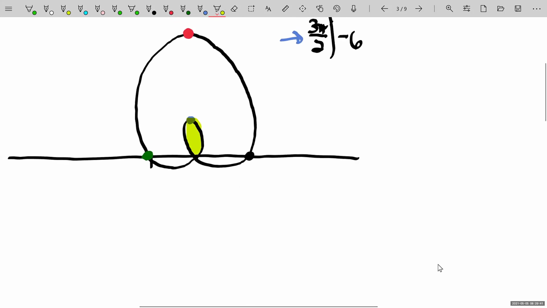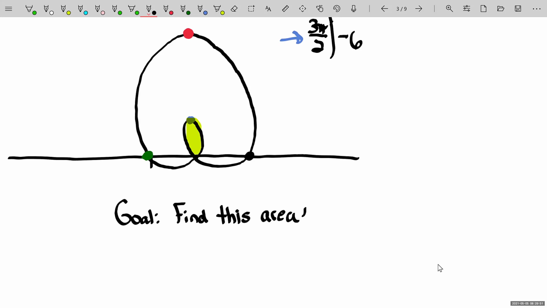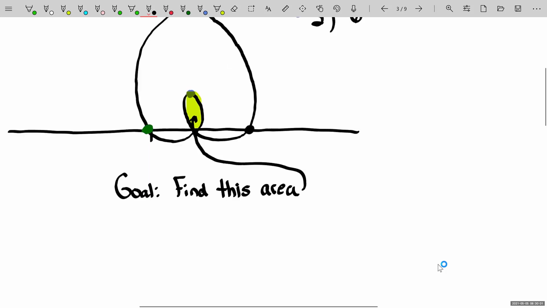So essentially, we have a goal. Find this area. Our job is to find when do we start entering that area and when do we exit that area.